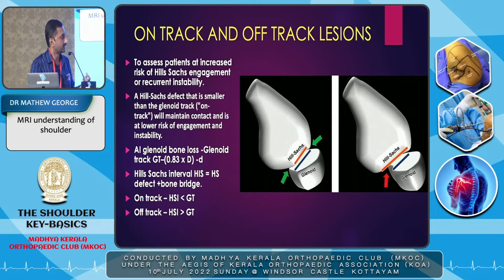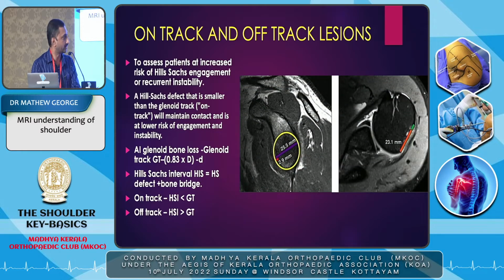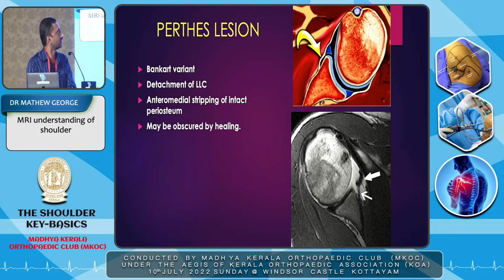But if the Hill-Sachs is larger than the glenoid track, then it is going to engage and will lead to instability. This can be assessed on MR and on CT we can calculate these measurements. So by measuring the Hill-Sachs index and the glenoid track, we can say whether it is engaging or not, so on-track or off-track.